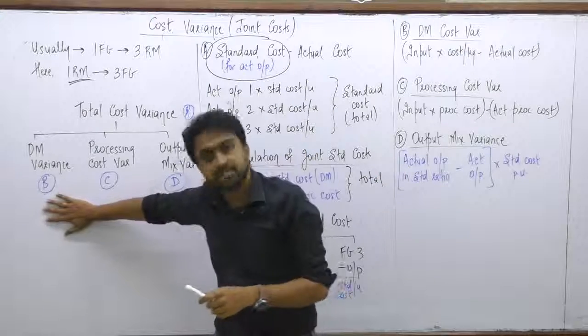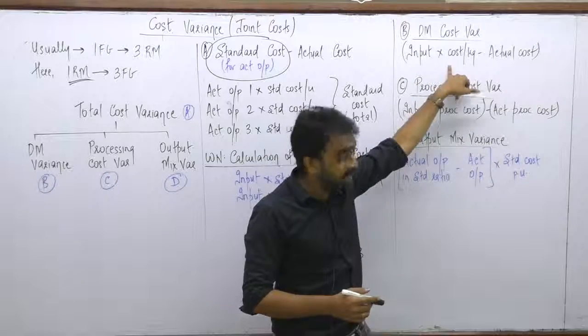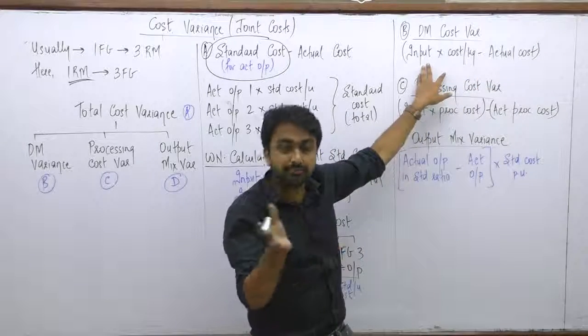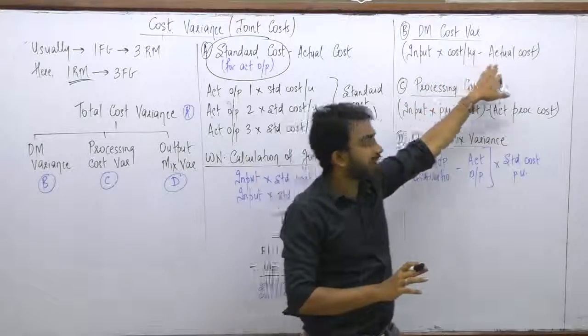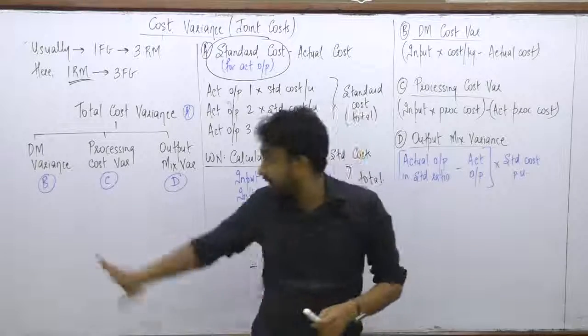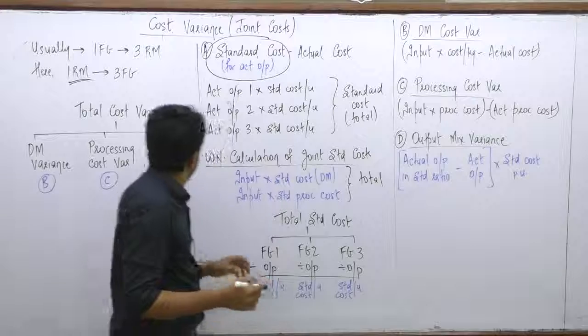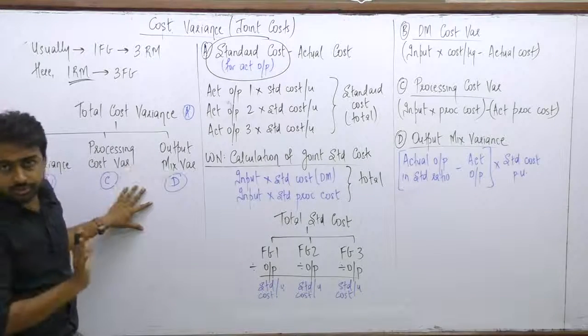So I'll get the first aspect. Whatever is the input into standard cost per kg, and the input is something which has become FG1, 2 and 3. So total input into standard cost minus my actual input cost that will be given, I'll get my DM variance. Moving on to part number C, that is my processing cost variance. Exactly same like my input.